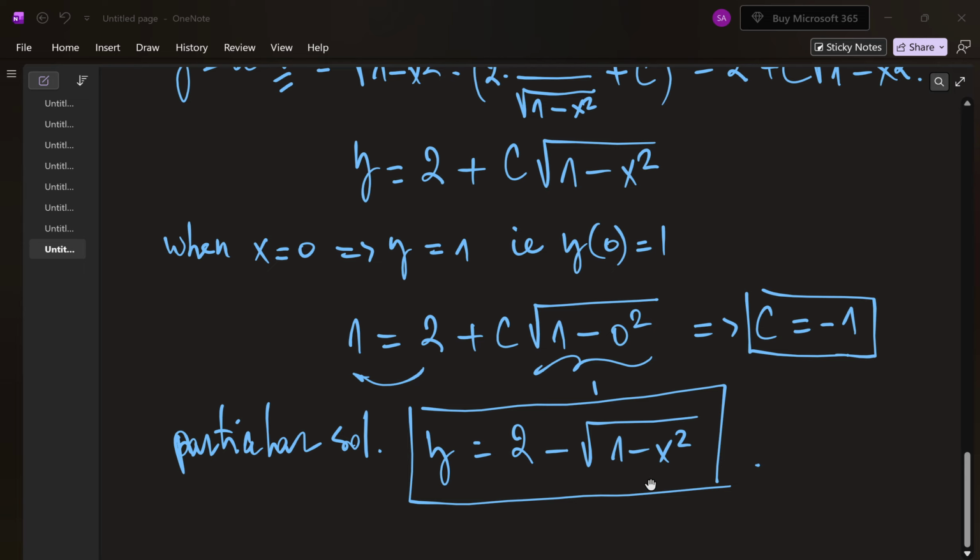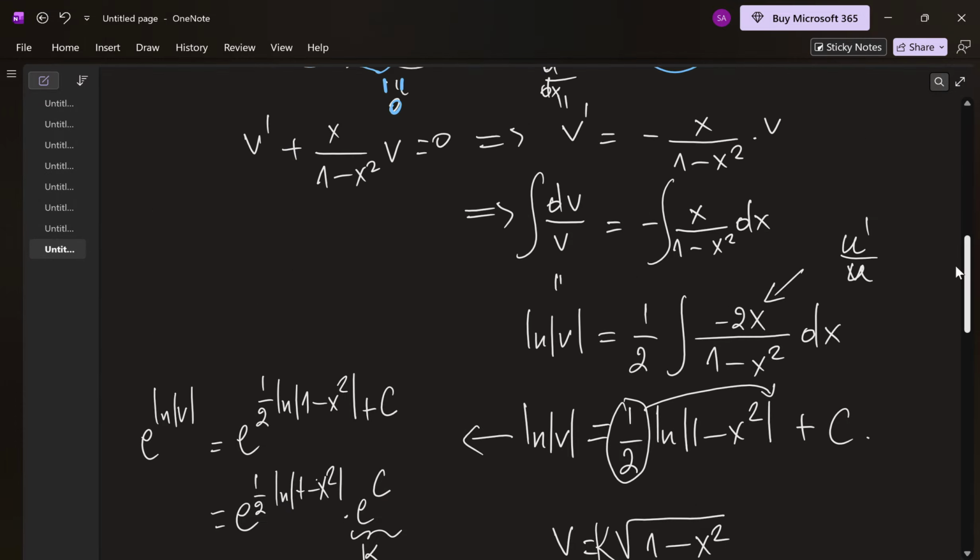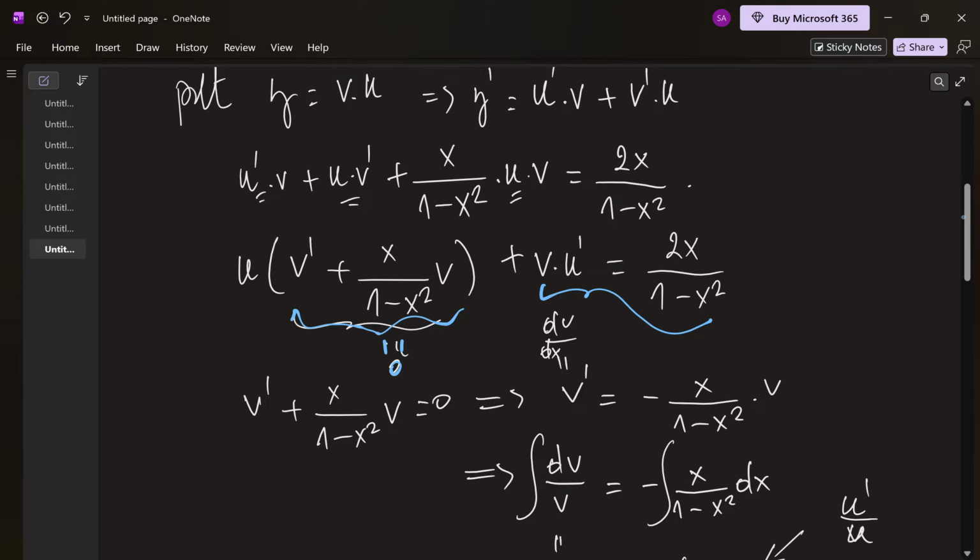Why did I substitute by 1? Because we need only one solution that makes this part equal to 0. Remember this part.